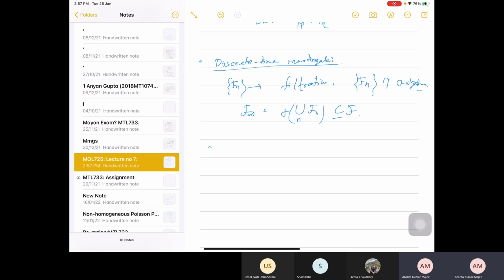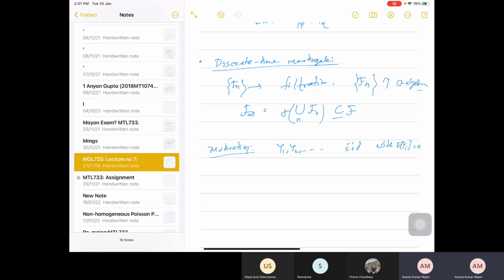So now suppose Y1, Y2 and so on are IID, independent random variables, with expectation of Yi equal to 0.